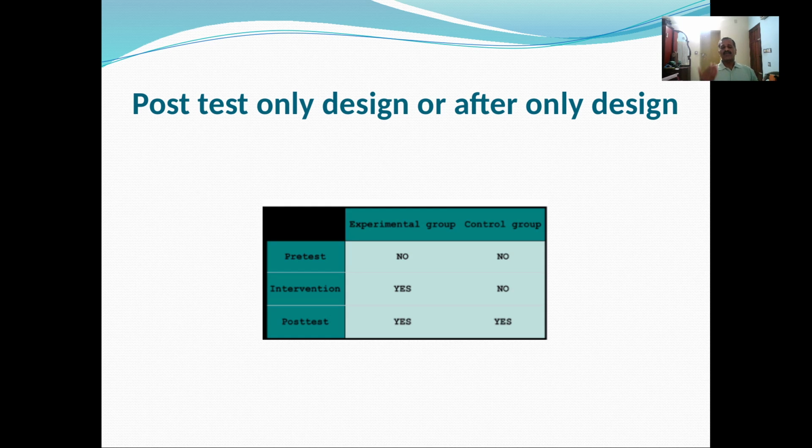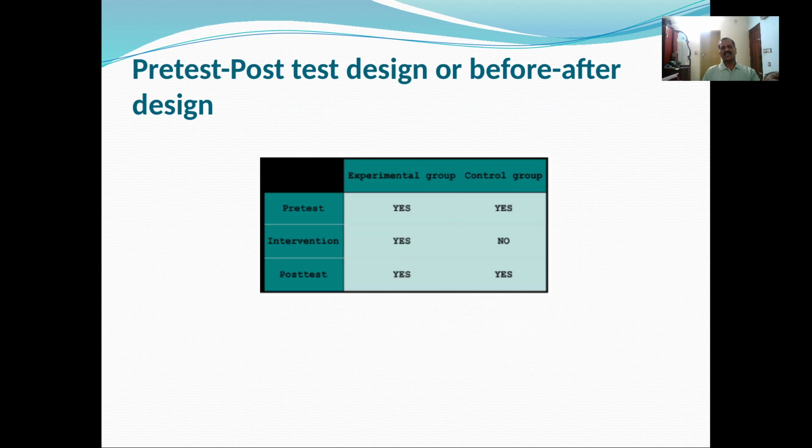Now there can be some problems in these designs. For example, we are doing a pre-test post-test design. This is the first design that we have discussed. For example, I'm doing a study in your classroom. I've divided the classroom, randomized all the students, 50 students, 25 in the experimental group and 25 in the control group.